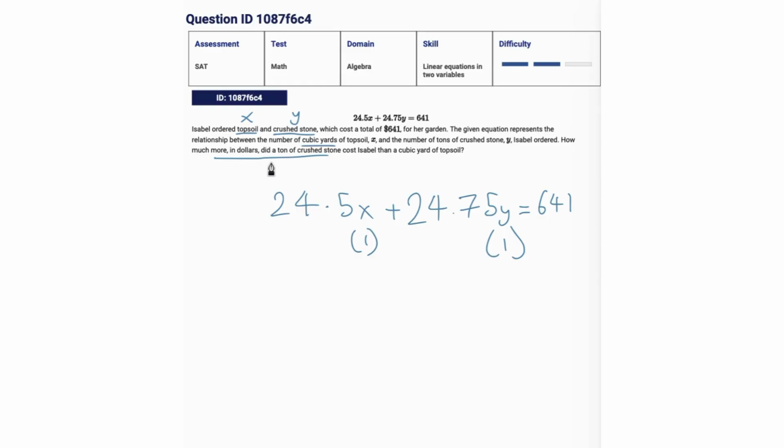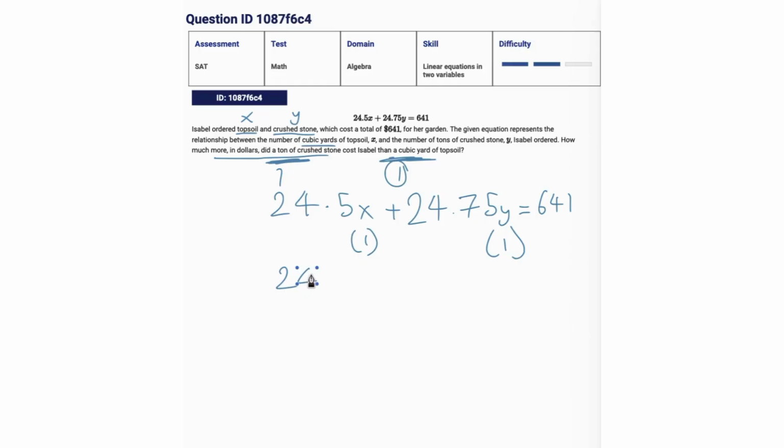Here. Did a ton of crushed stone, a ton, and a cubic yard. That means 1, okay? It's singular, so you're only calculating for 1 cubic yard or 1 ton of crushed stone. If you multiply anything with 1, of course, it's the number you're multiplying it with.